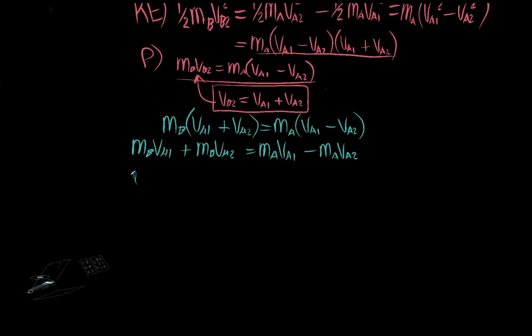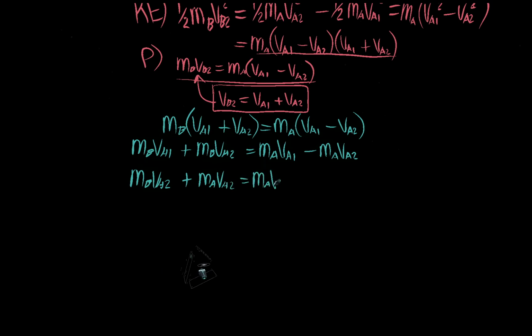So we have MB VA2 plus MA VA2 is equal to MA VA1 minus MB VA1.